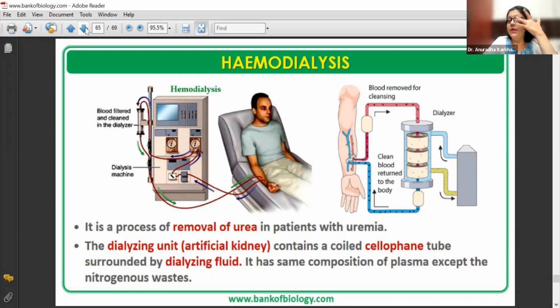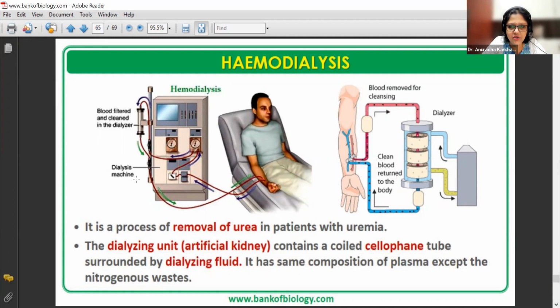So what is going to happen? We fill this cellophane tube with a liquid, and that liquid is nothing but the composition of plasma except any nitrogenous waste.